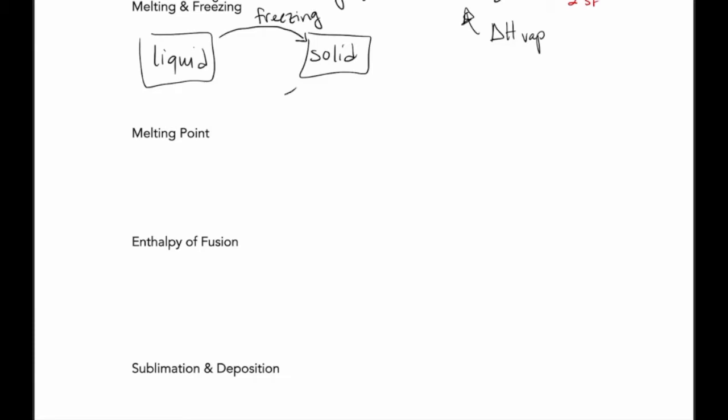And if we go from a solid down to a liquid, we're going to call that melting. Right? And the melting point is also a temperature. It's a temperature where we have a liquid and solid in equilibrium. We have both the liquid and solid phases present at that temperature.